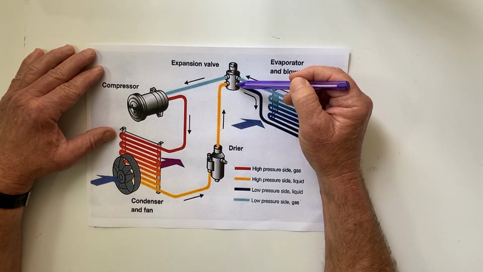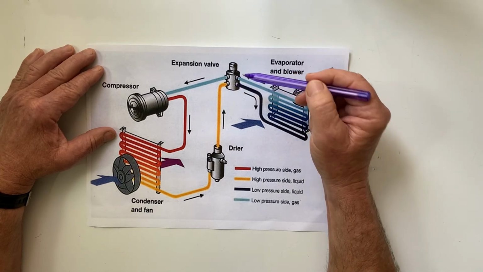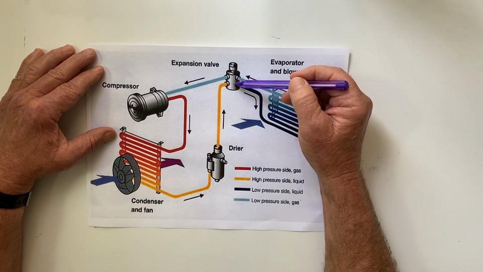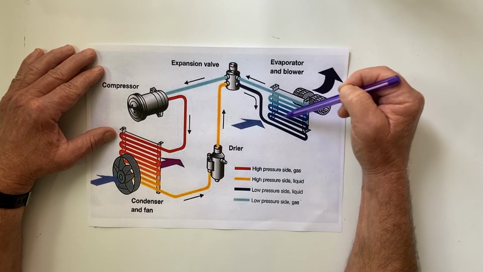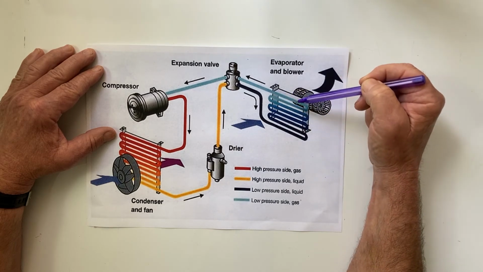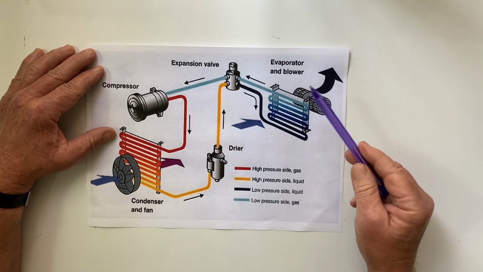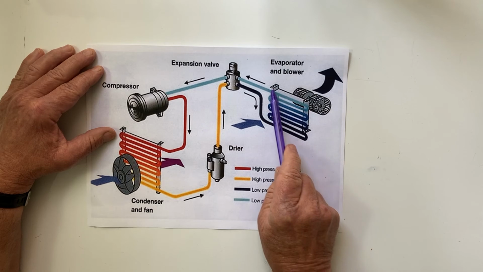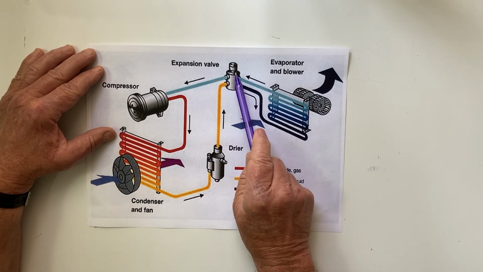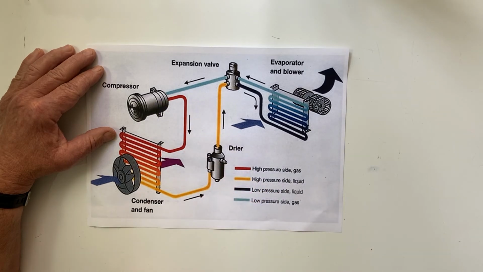That massive change from a liquid into a vapor absorbs a huge quantity of heat energy, and that huge quantity of heat energy is what cools down the refrigerant inside the evaporator. So the refrigerant inside the evaporator is now very, very cold, and then that makes its way back in through the thermal expansion valve in this case here, where it then makes its way back in through the compressor.